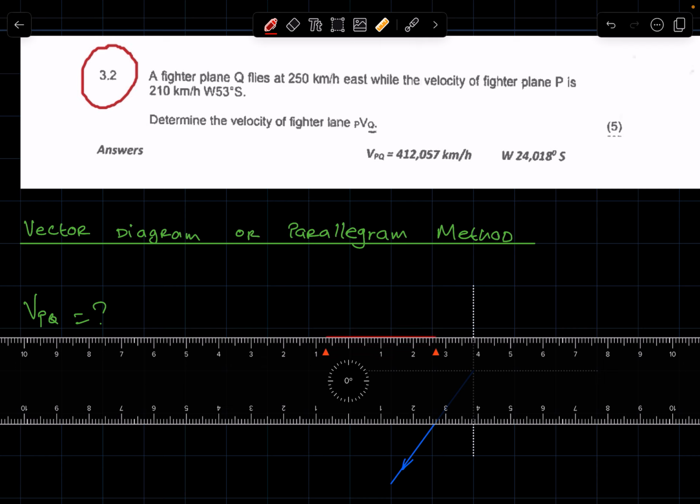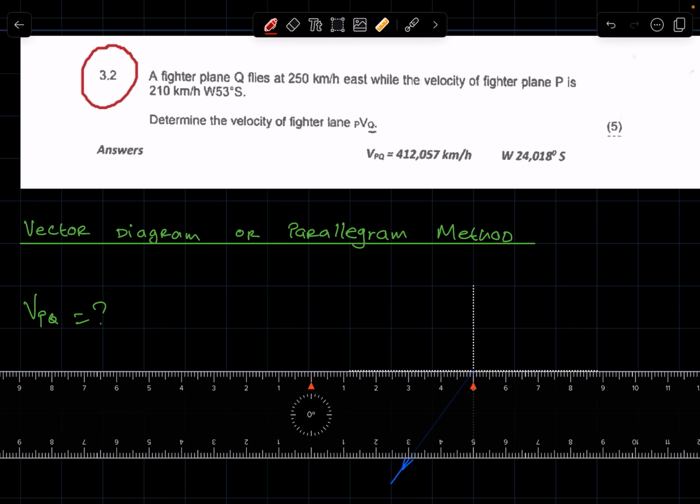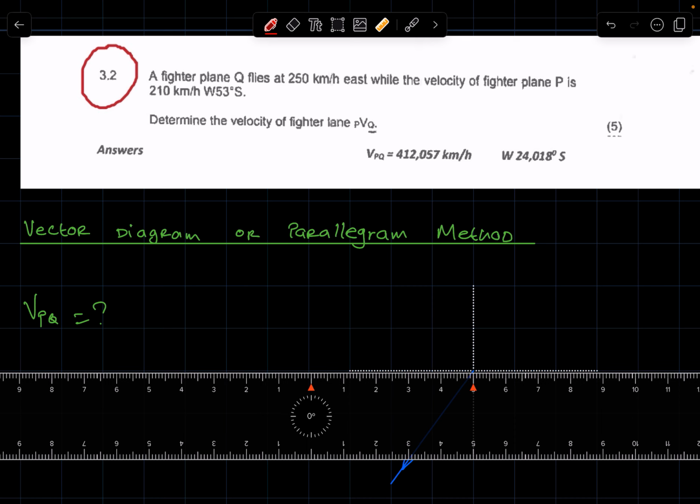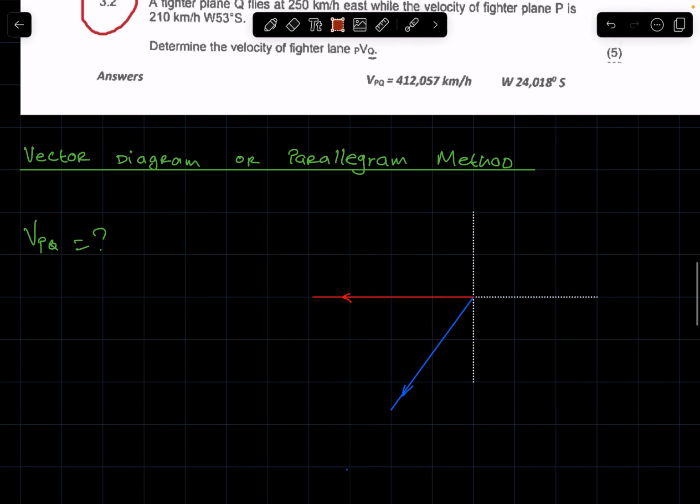So we measure 5 centimeters, this should be around here, headed in this direction. So these are your two vectors.